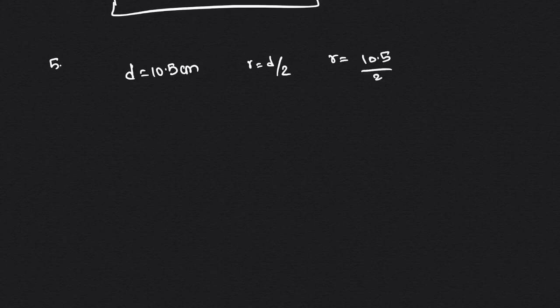So the given value, diameter D is equal to 10.5 centimeter and we need the radius only. So radius is equal to D by 2, then R is equal to 10.5 divided by 2. We get 5.25 centimeter.